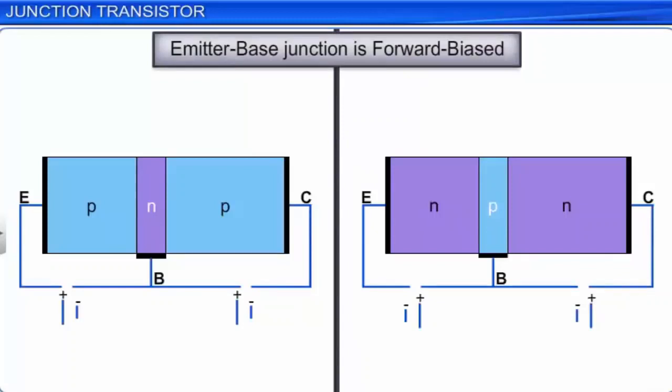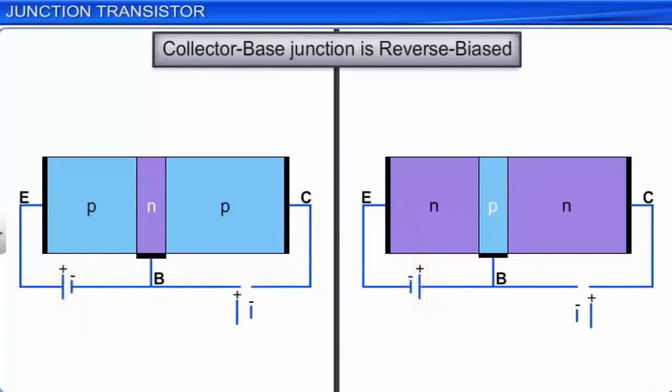The reasons for adopting such a biasing scheme will be discussed at the appropriate juncture in the course. A transistor with its emitter base junction forward biased and base collector junction reverse biased is said to be in an active state.